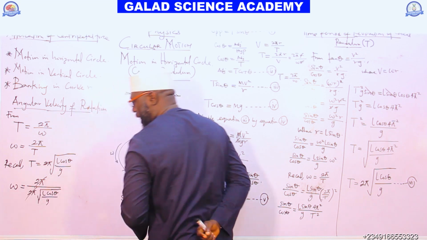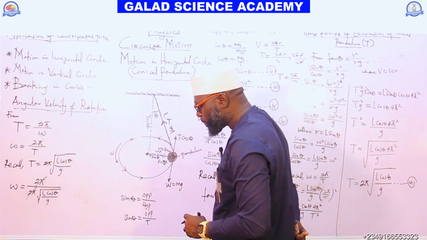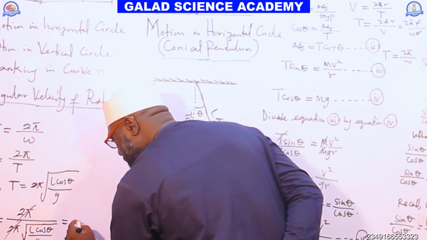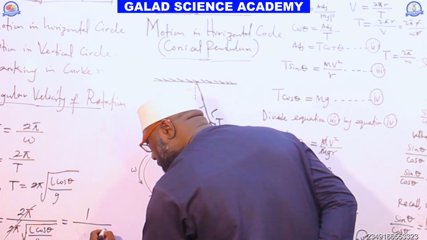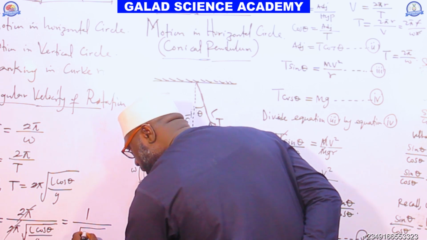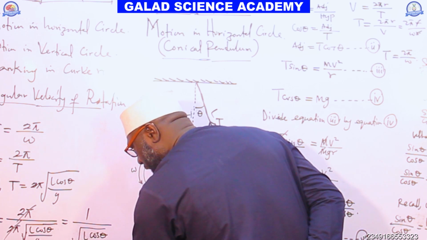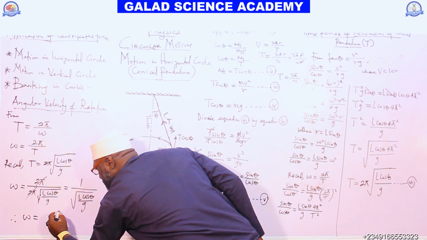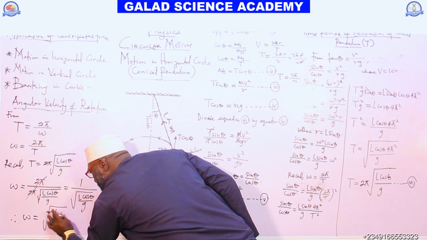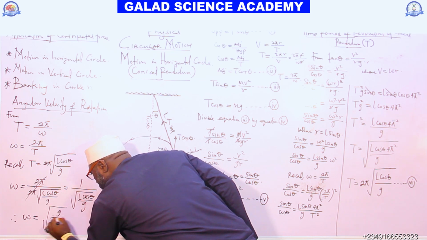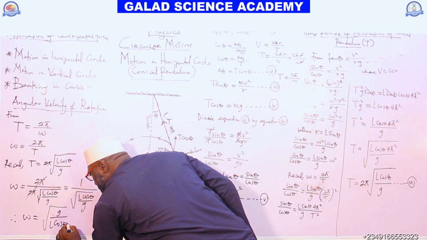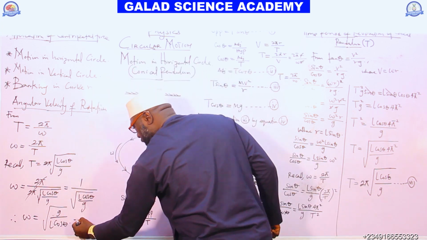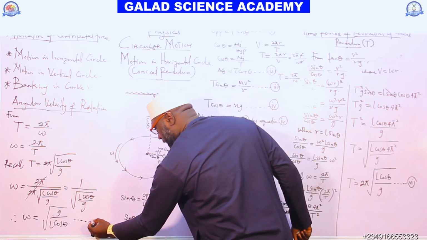So the 2 pi will cancel 2 pi here. So it will now give us the angular velocity will be 1 over square root of L cos theta over g. Therefore, omega will be equal to the square root of g over L cos theta, by taking the reciprocal. That should be equation 7.